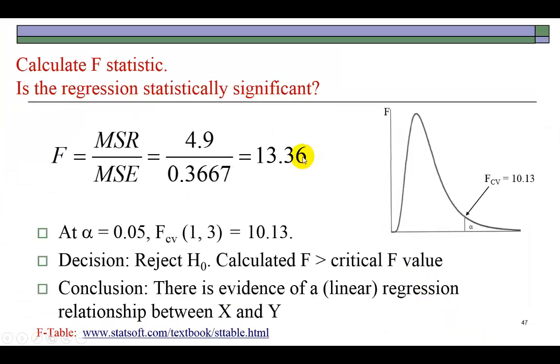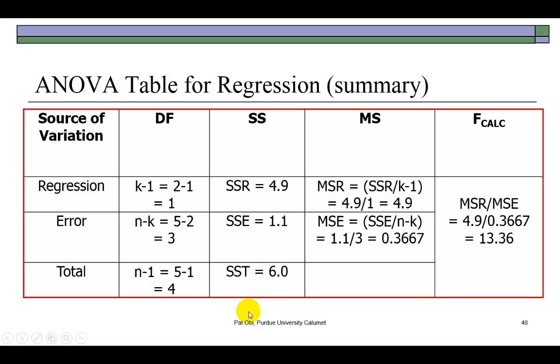So as you can see, our calculated F statistic exceeds the critical value in that it lies in here within the significance region. And as a result, we have to reject the null hypothesis of no relationship and conclude that there is evidence of a linear regression relationship between x and y.